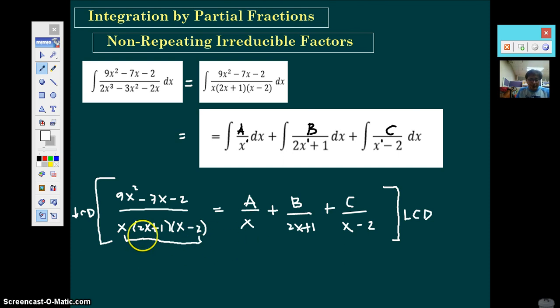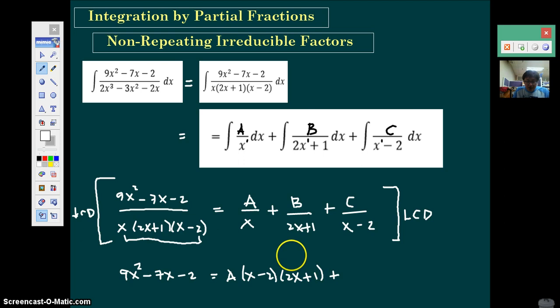When you multiply the LCD to the left side, what will be left is simply the numerator, 9x squared minus 7x minus 2. And then the right side would become, when you multiply the LCD by this, x will cancel out, leaving you with 2x plus 1 and x minus 2, which will then be multiplied to A. So that will become A times the quantity x minus 2 times the quantity 2x plus 1.